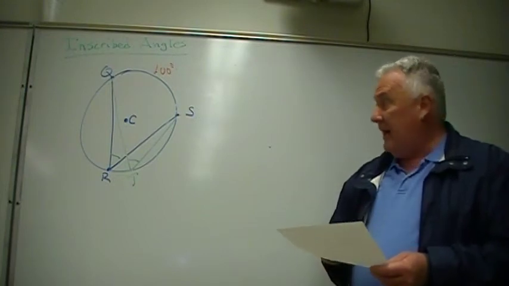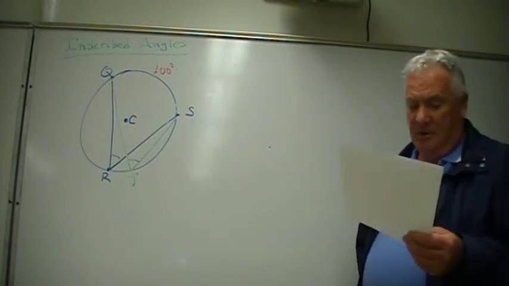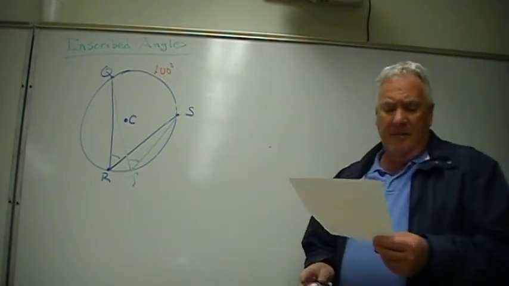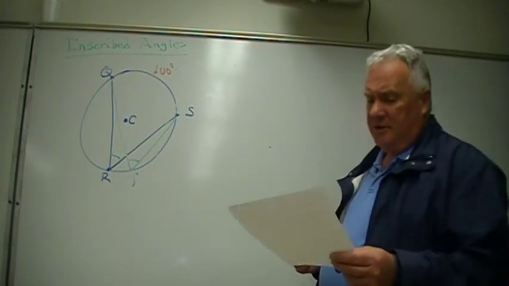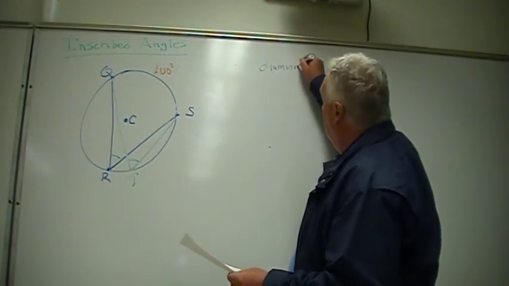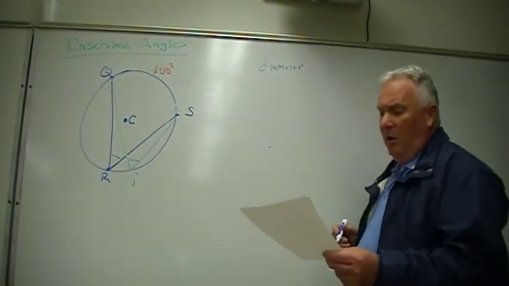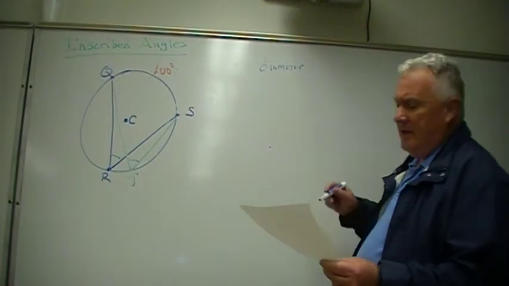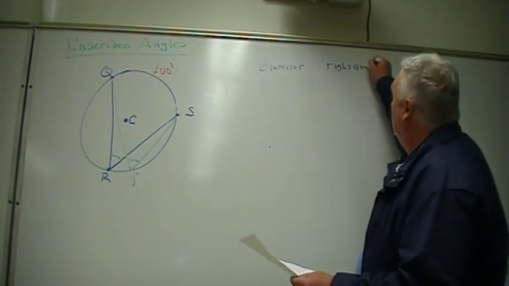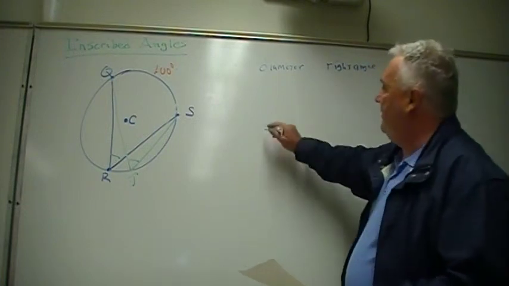And I want to get the last of the two definitions in. They are, an inscribed angle of a triangle intercepts a diameter if and only if the angle is a right angle. And here's a visual for that.